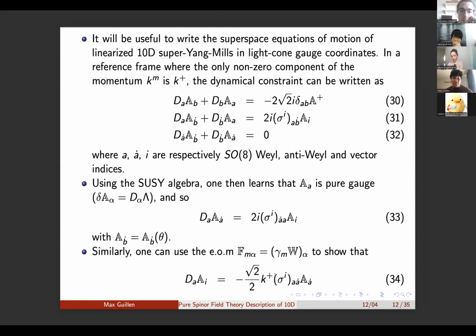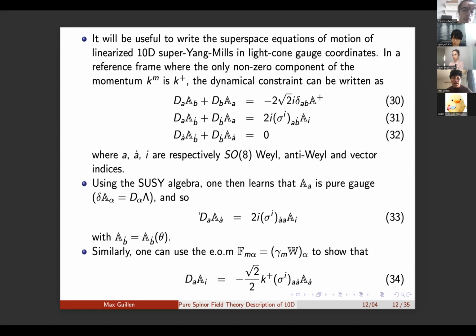For convenience, let me rewrite the equation of motion in light-cone gauge because this will be important soon. So basically, I just go to a reference frame where the momentum k_m, the only non-zero component of the momentum k_m is k^+. And I find these equations of motion here. These A_a, A_ȧ and A_i are basically the SO(8) spinor, anti-spinor, and vector indices of the superfields A_α and A_m.